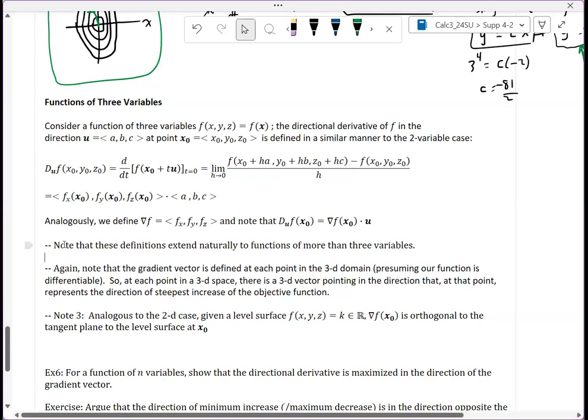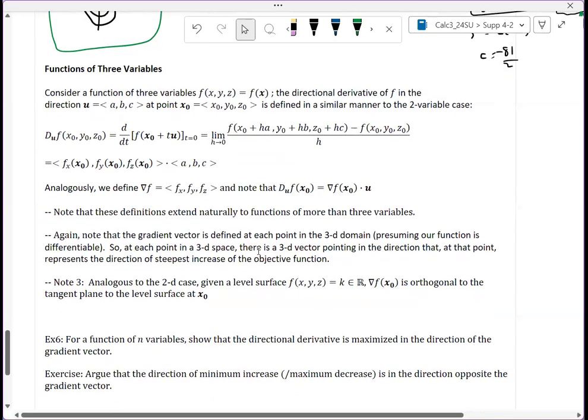Okay, a few notes. Again, note that the vector versions of the definitions extend naturally to functions of 3 or more variables. Keeping things in vector form keeps things tidy, and you don't have to keep track of all of these different components and all of that.